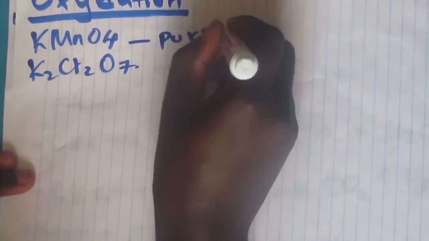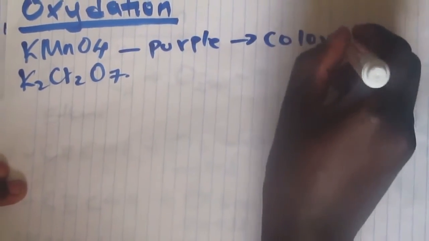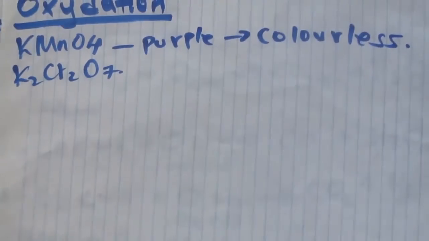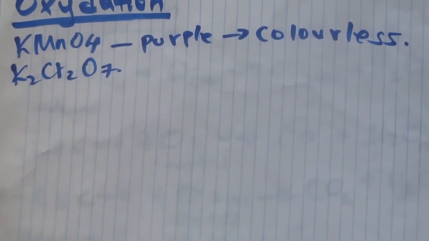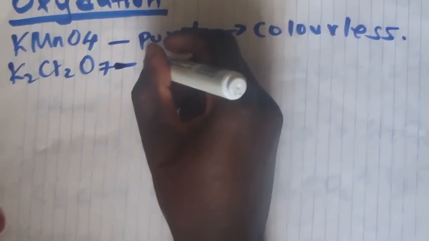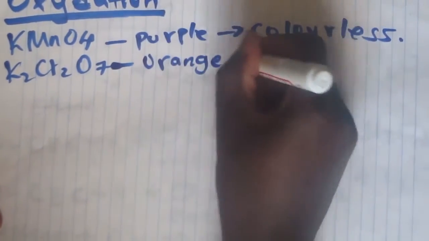Now, when we talk about oxidation, we simply talk about the reaction between hydrocarbons with oxidizing agents like potassium permanganate, this is KMnO4, and potassium dichromate(VI). Now, we all know that for oxidation reaction to take place, potassium permanganate changes from purple to colorless, while potassium dichromate(VI) changes from orange to green.